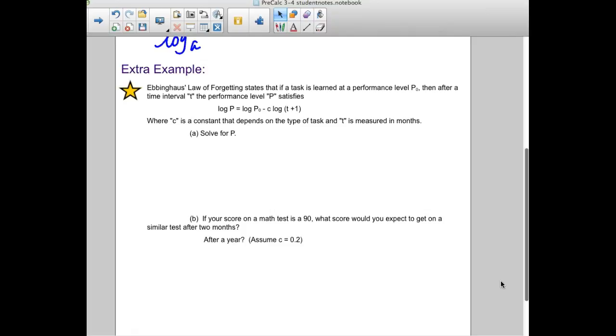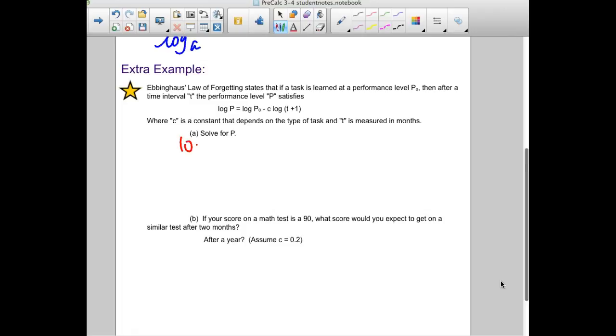If you look at the right-hand side, you have an expanded log statement. Can we condense that? Think about what we did yesterday. Can we condense that back so it's just one log? What would the C do? Goes back as a power, okay?